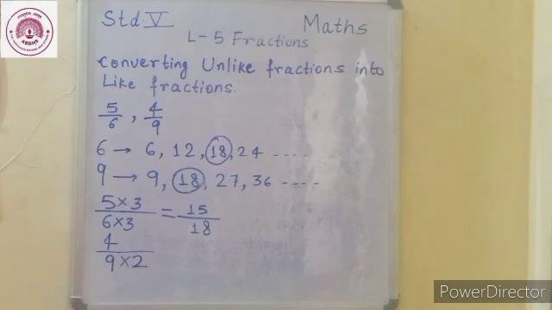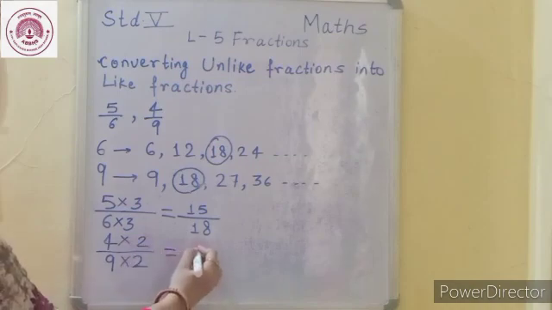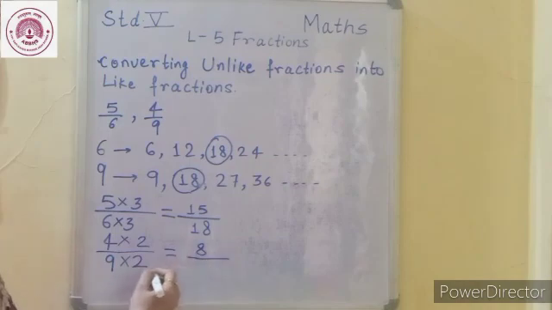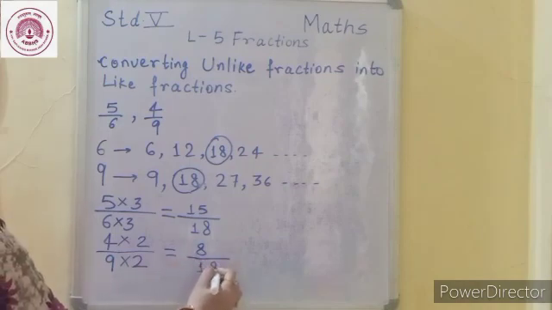And now multiplying the numerator by the same number, we get 8 as the numerator and 18 as the denominator.